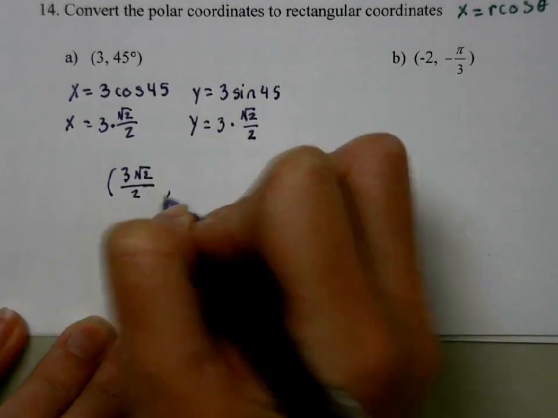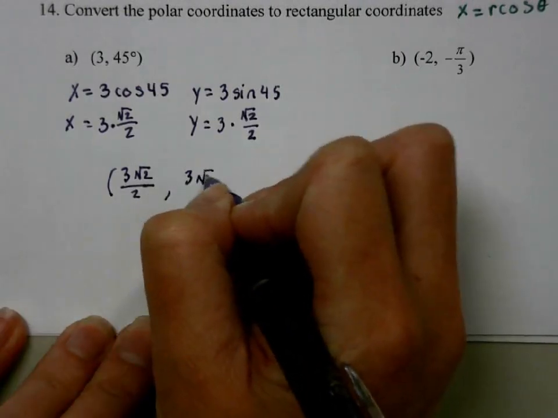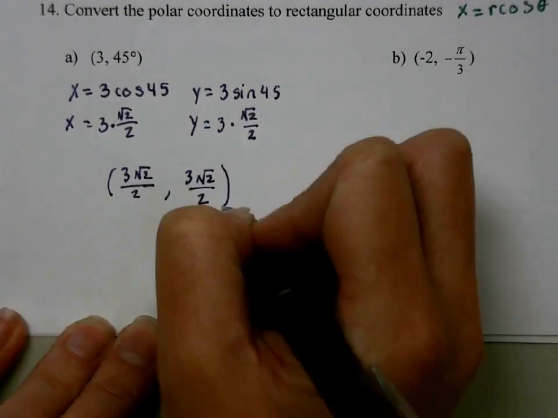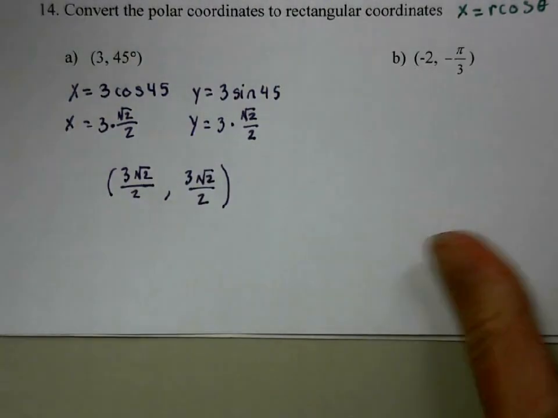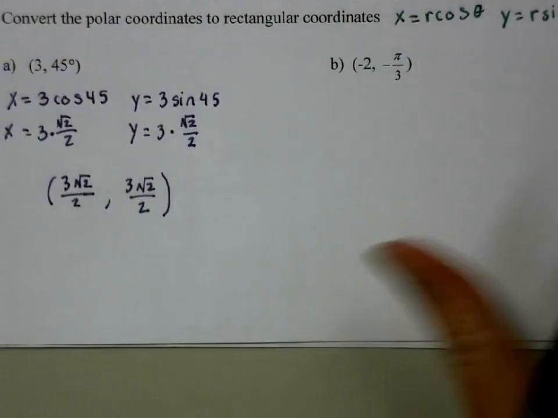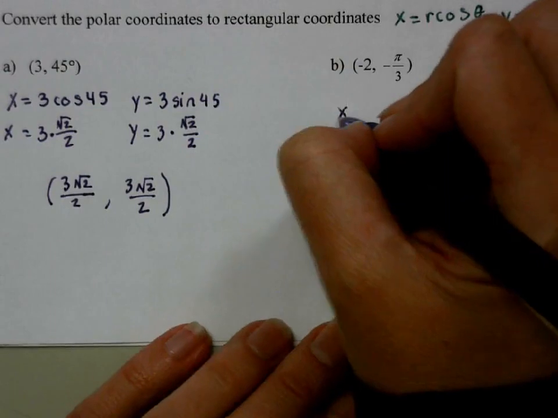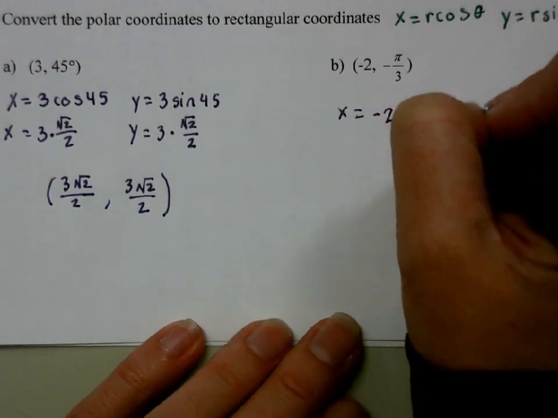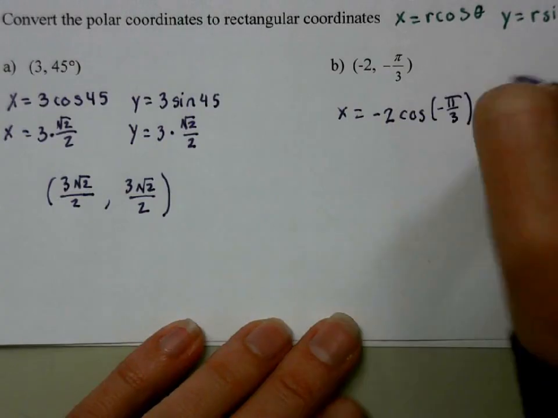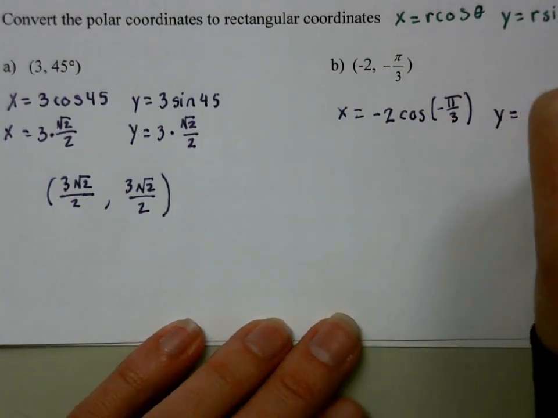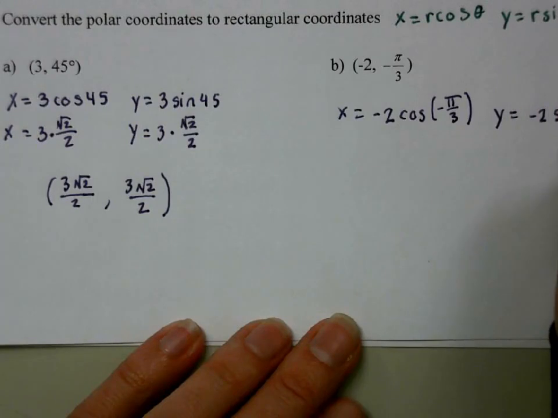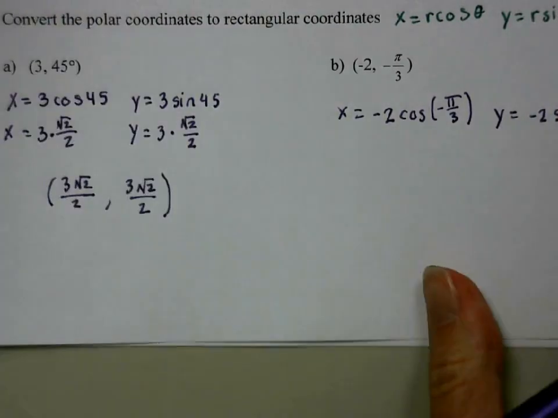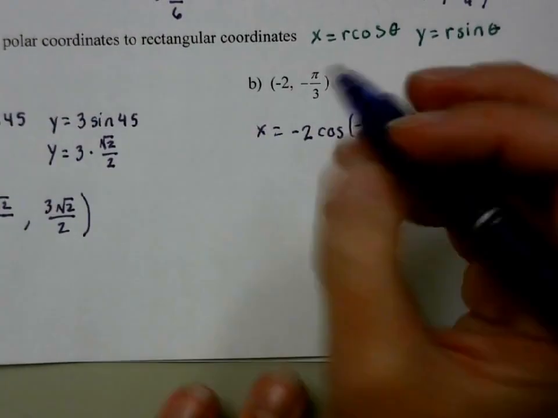Okay, this one. X equals negative 2 cosine negative pi over 3. Y is going to equal negative 2 sine negative pi over 3. Okay, negative pi over 3 is just down clockwise pi over 3.